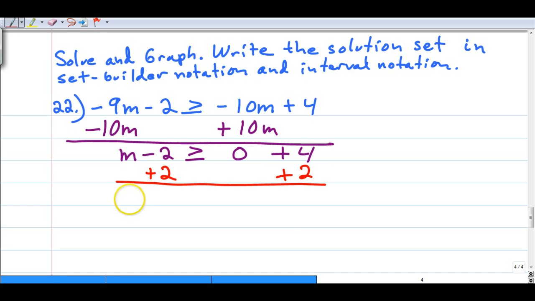So I'm left here with m plus 0 is greater than or equal to 0 plus 6. So taking out the zeros, I'm left with m is greater than or equal to 6. So I've done the first part of the instructions. I've solved. Now I want to put it into my forms.